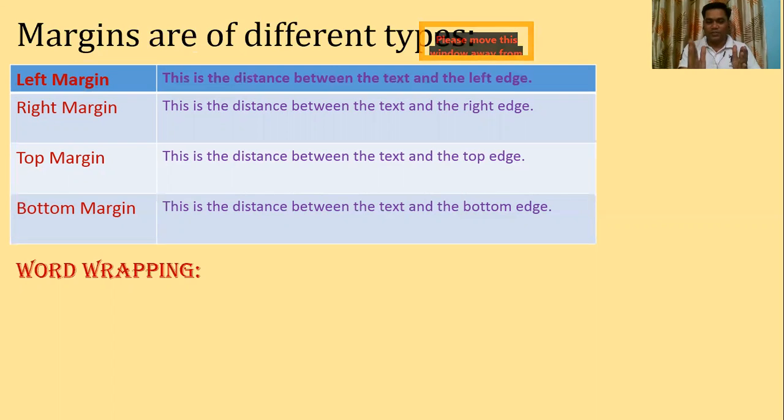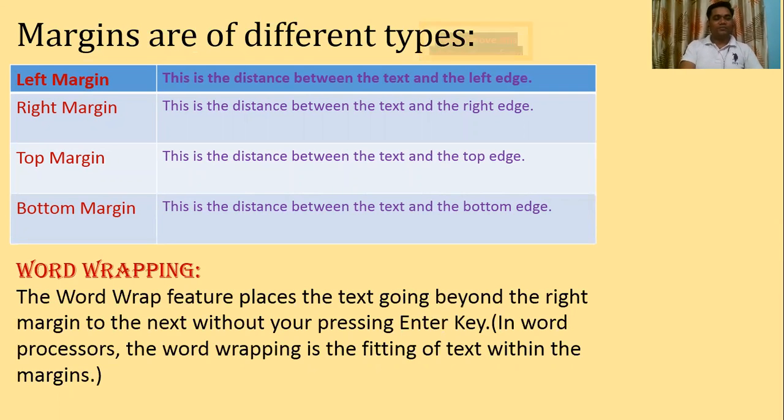They just shift the text into the next line. This process is called word wrapping. The word wrap feature places text going beyond the right margin onto the next line without your pressing the enter key. In word processors, word wrapping is the fitting of text within the margins. This is the function of word wrapping.